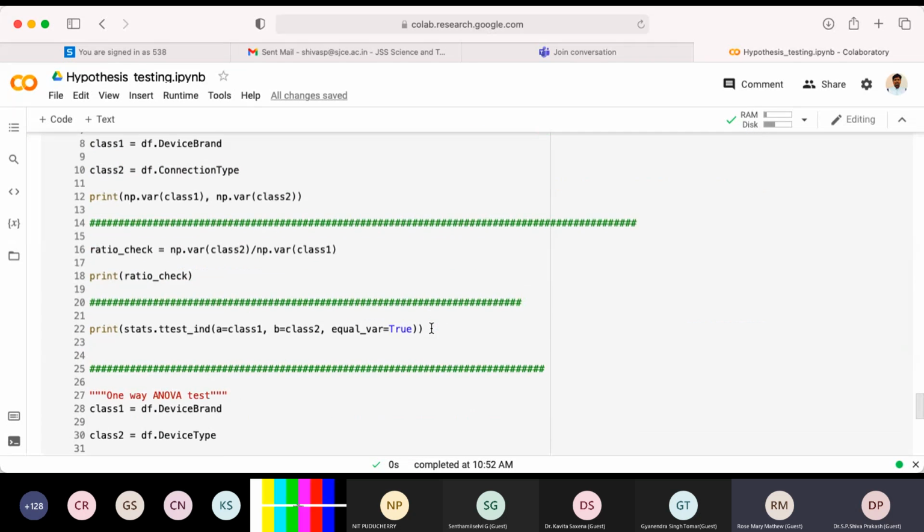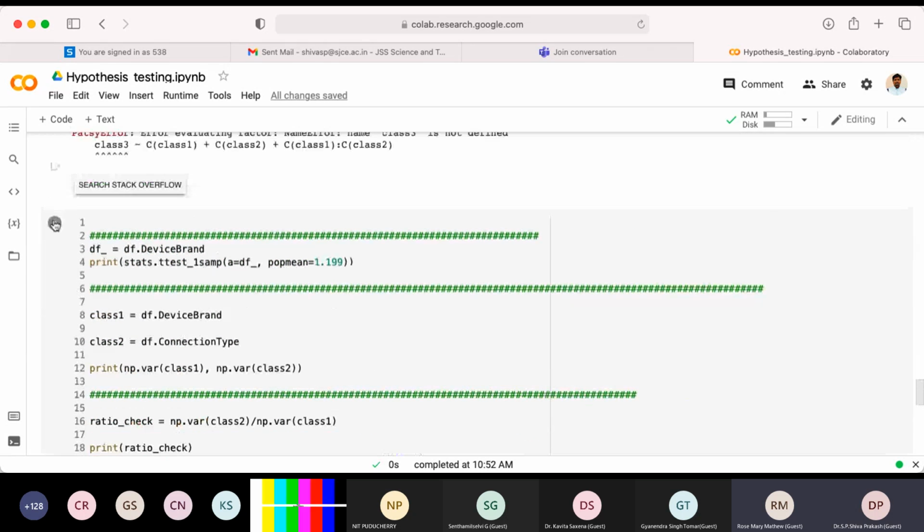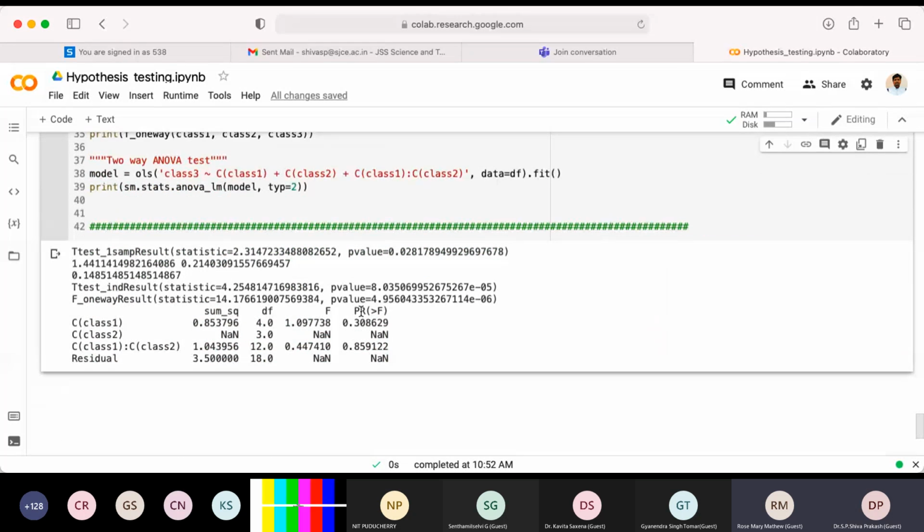To summarize all these things, we display the t-test results, the p-values, again for the classes, the sum square, the df, f, and the pr. So we can categorize these classes, whether it belongs to class 1, class 2, and the ratio of 2 classes can be observed in this.